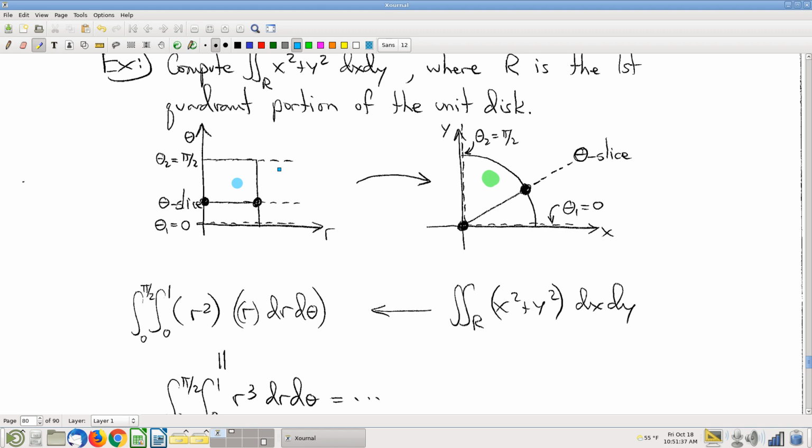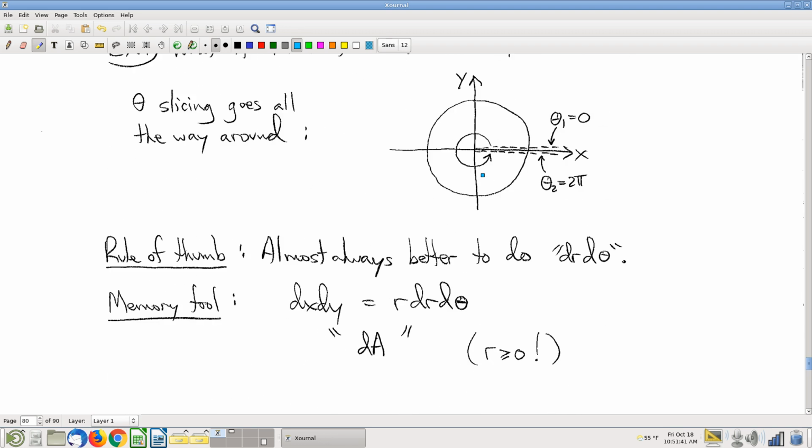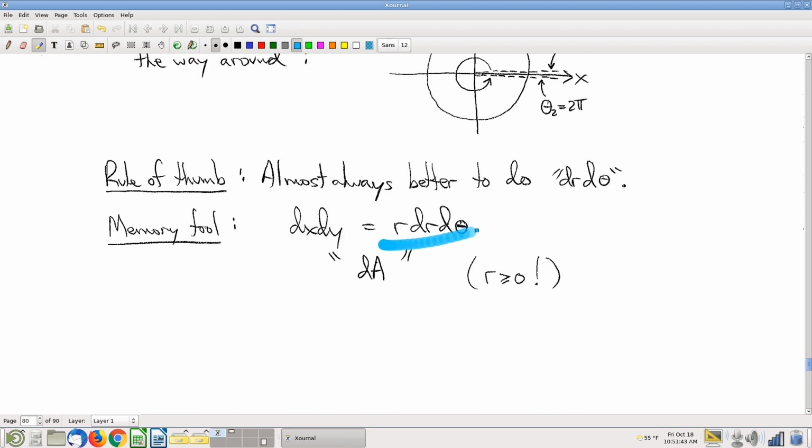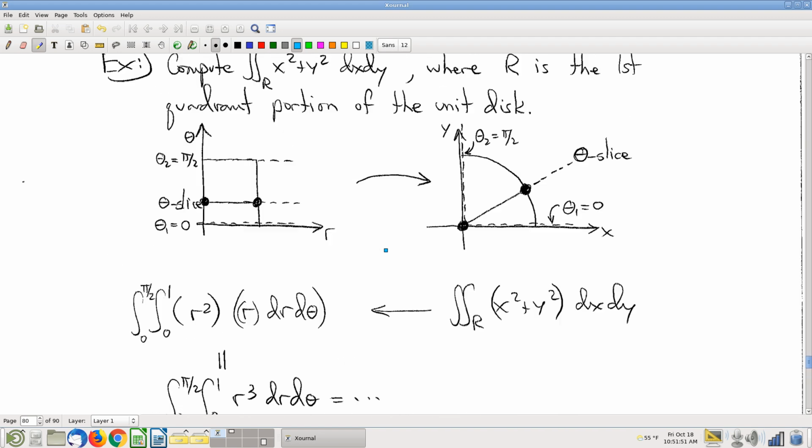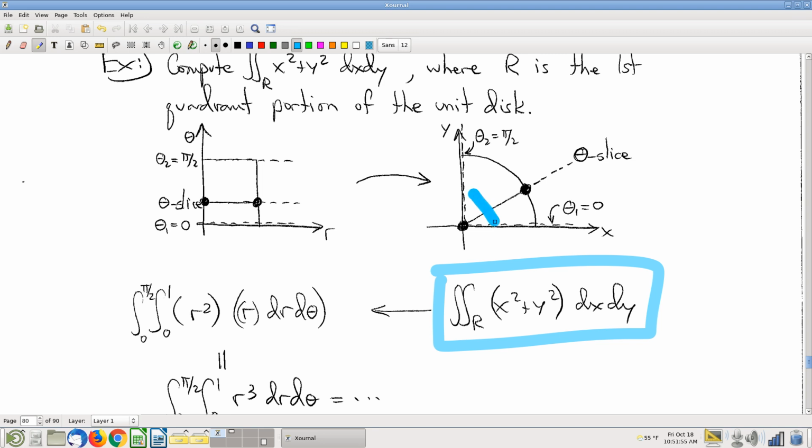It happens surprisingly often. And by the way, here's a sympathetic reason how students can forget this r, the stretching factor. It happens as follows. Students know this domain.